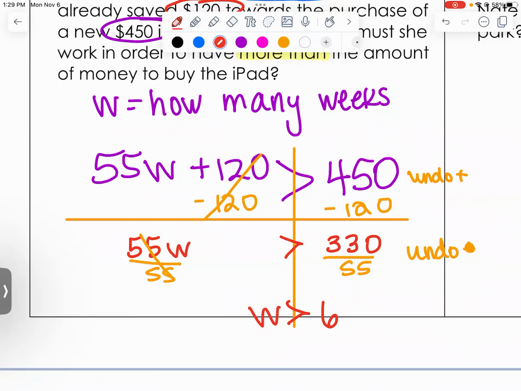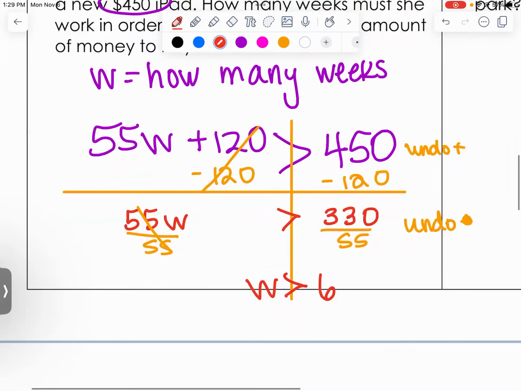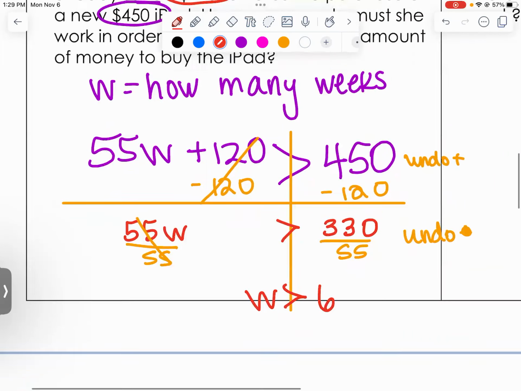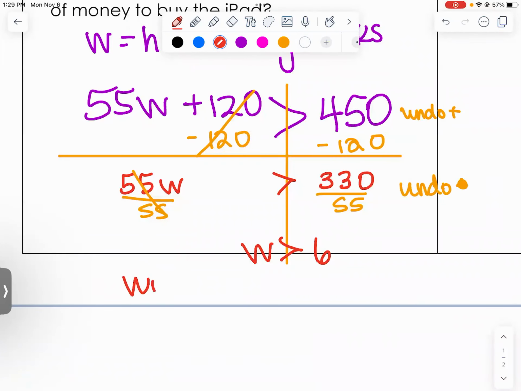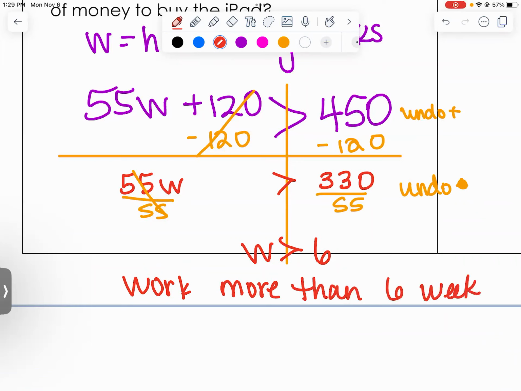Test it out for us, Kaden. All right. So what does W is greater than 6 mean? So I'm going to come back up to here. Remember, our word was more than. So Caitlin needs to work more than 6 weeks. More than 6 weeks.